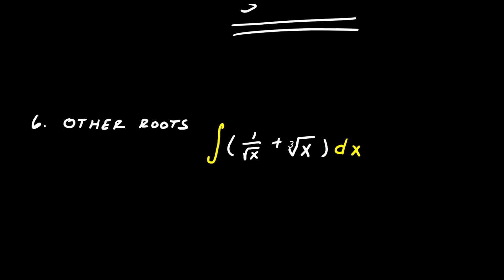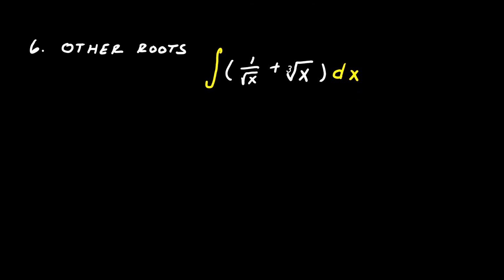So when we see other roots, we're going to do the same thing, and if we have to deal with negative exponents and square roots, we will. So this one can be rewritten as x to the negative 1/2 power plus x to the 1/3 power.